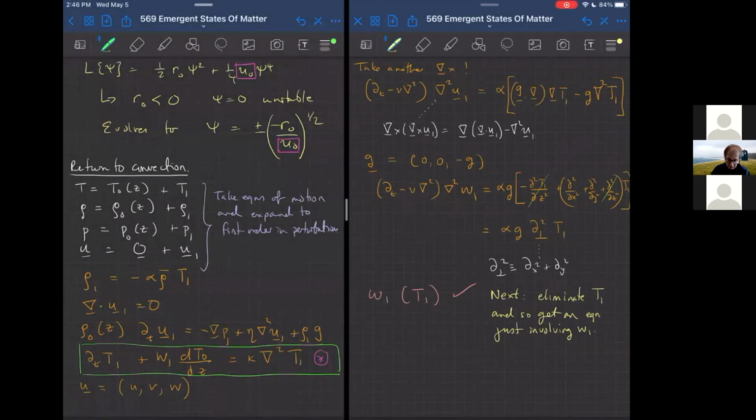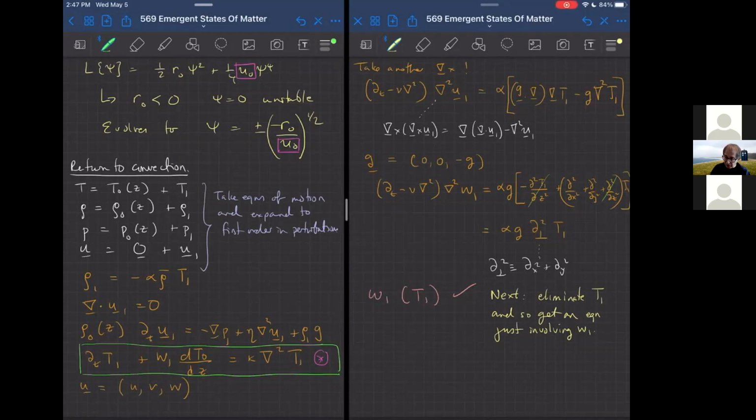That tells me how W1 is related to T1. In a sense, you can say that the diffusion operator acting on T1 gives you W.